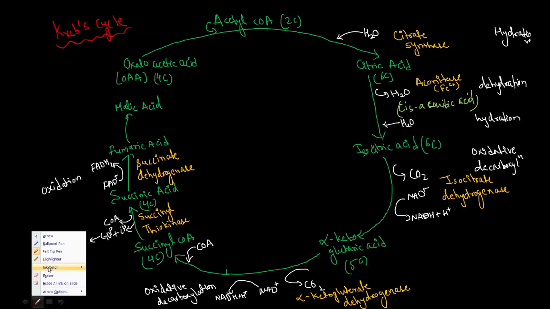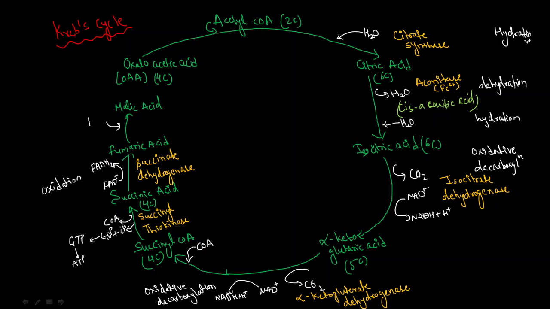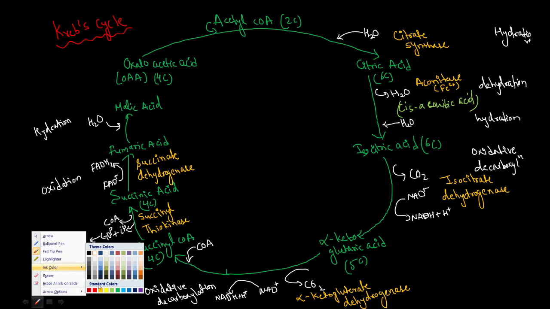Again, what is happening during this step? Here, addition of water is happening. So I can say this step is hydration. And basically this step is where fumaric acid is getting converted into malic acid.